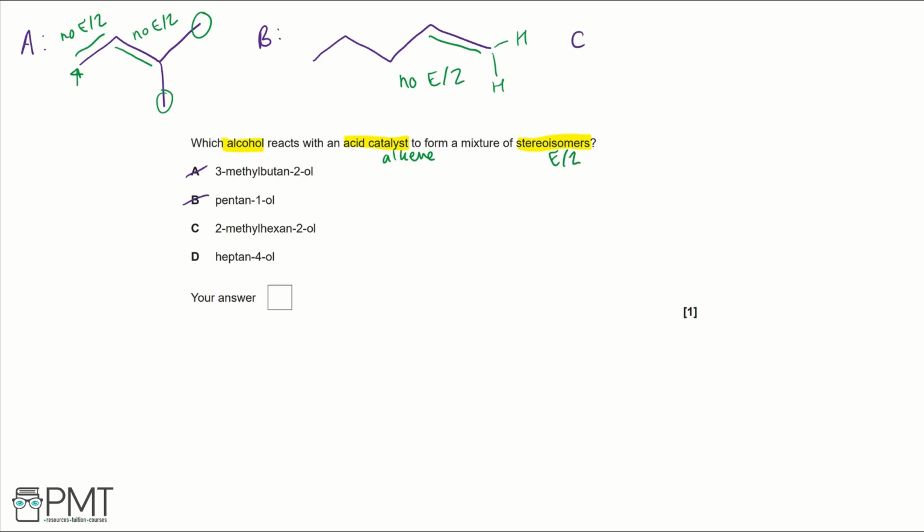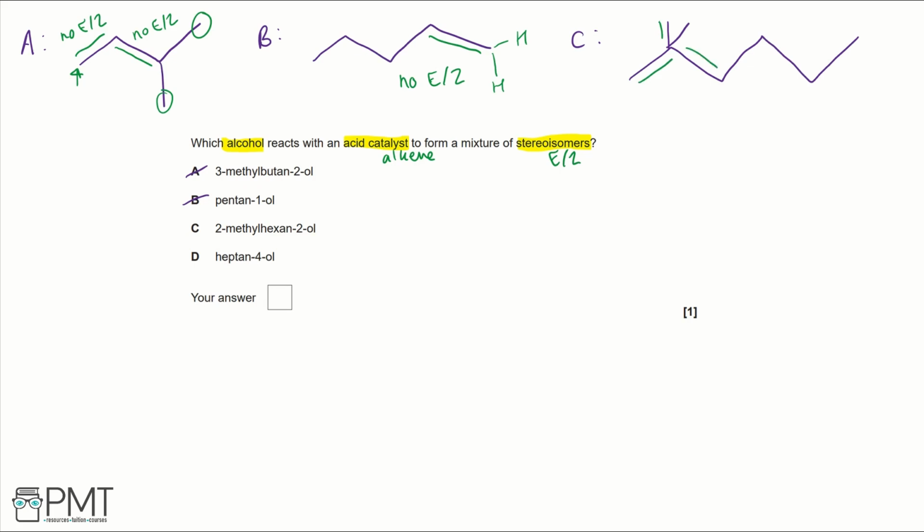Then if we look at C, we have 2-methyl-hexan-2-ol. So we need a 6-carbon chain. So here, if we draw a 6-carbon chain, and then we need 2-methyl and hexan-2-ol. So that's going to be both on carbon number 2. Then when we form our alkene, we can form one here, here, and here.